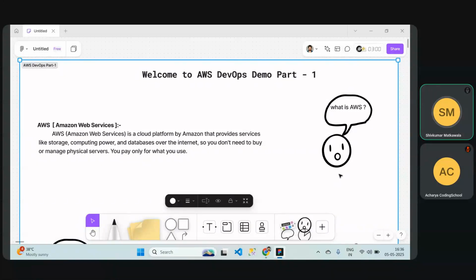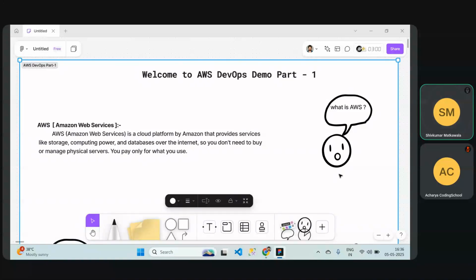So in short, AWS is a platform where you get storage, compute, and database on a rental basis, and so many other services.